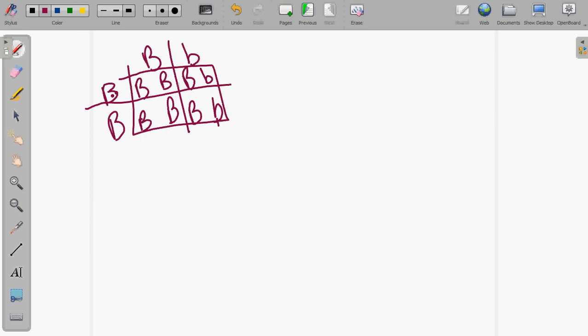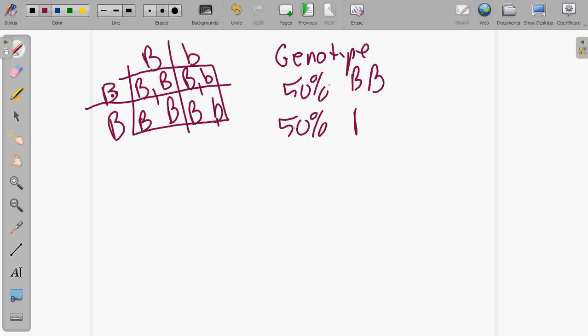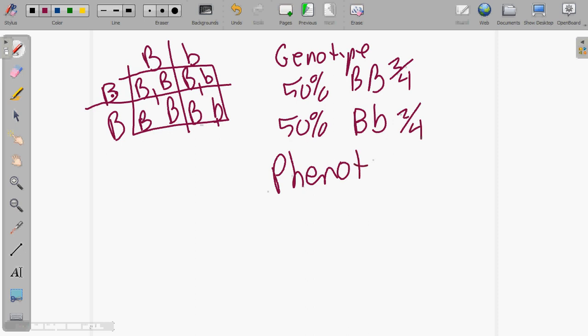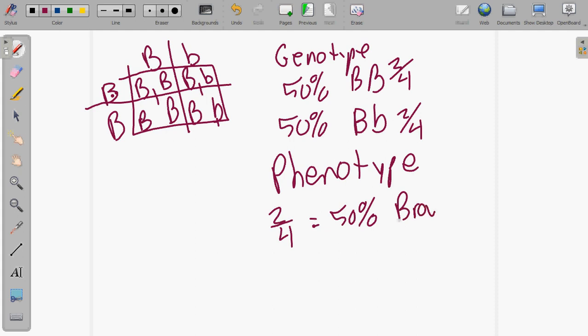Now it happens that these 2 are the same and these 2 are the same. So your genotype is 50% homozygous dominant and 50% heterozygous. Now your phenotype: you have 2 out of 4 that are going to have brown hair.